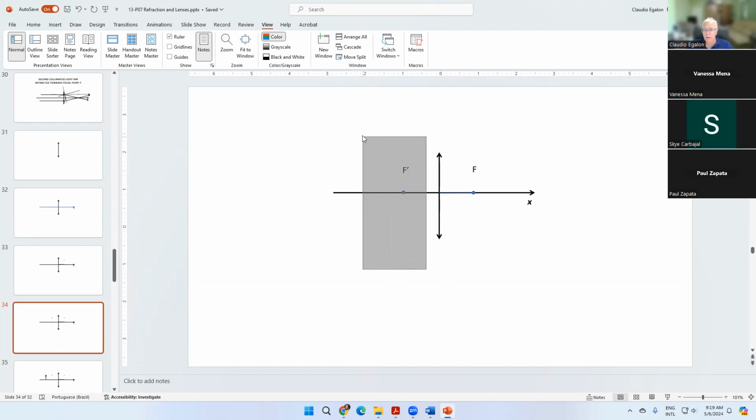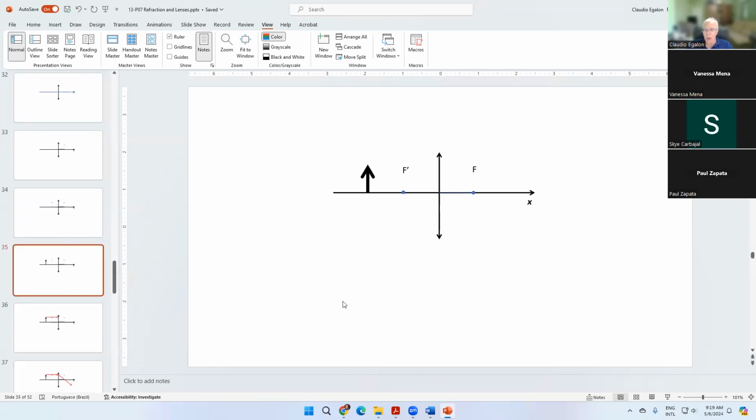But you're going to need this point in front of the lens to start building the image formed by an object that is a given distance from the lens. And the procedure is very similar to what we do for mirrors, okay? First, the first light ray that you get is going to be parallel to the principal axis. And the light ray that's parallel to the principal axis, you already know that's refracted towards the focal point.